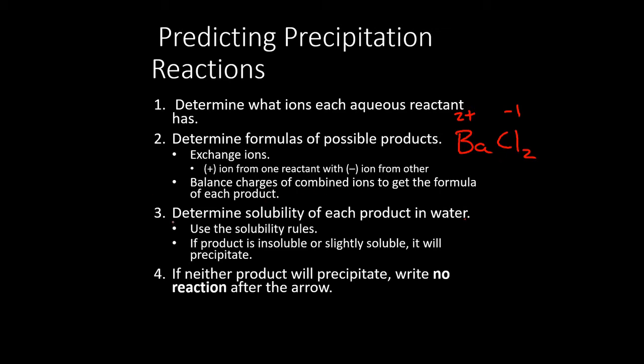So once we have our balanced charges for the molecules, we're then going to determine the solubility of each of those molecules. So again, we'll have 2 molecules. We're going to look at our handy table, and we're going to figure out, is either of these molecules insoluble? If it is insoluble, then we would indicate that with a subscript of an S in parentheses.